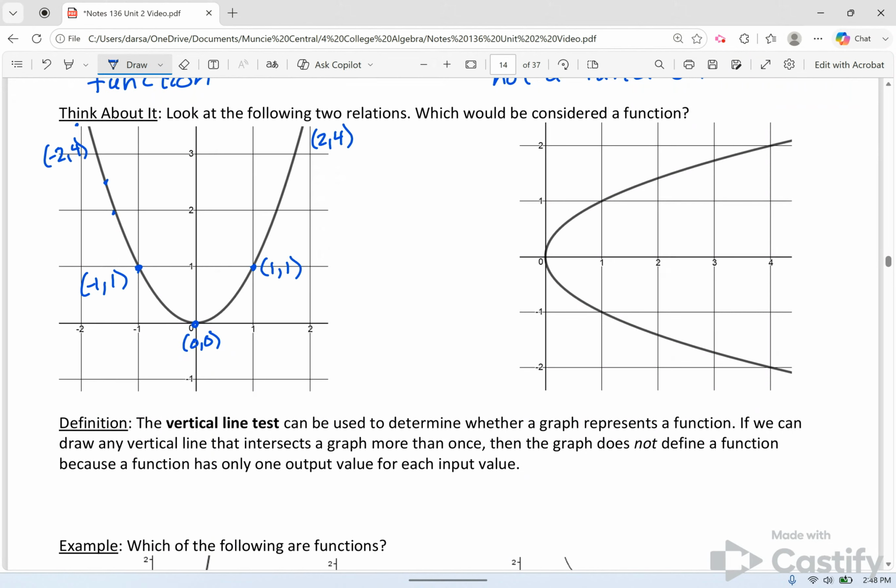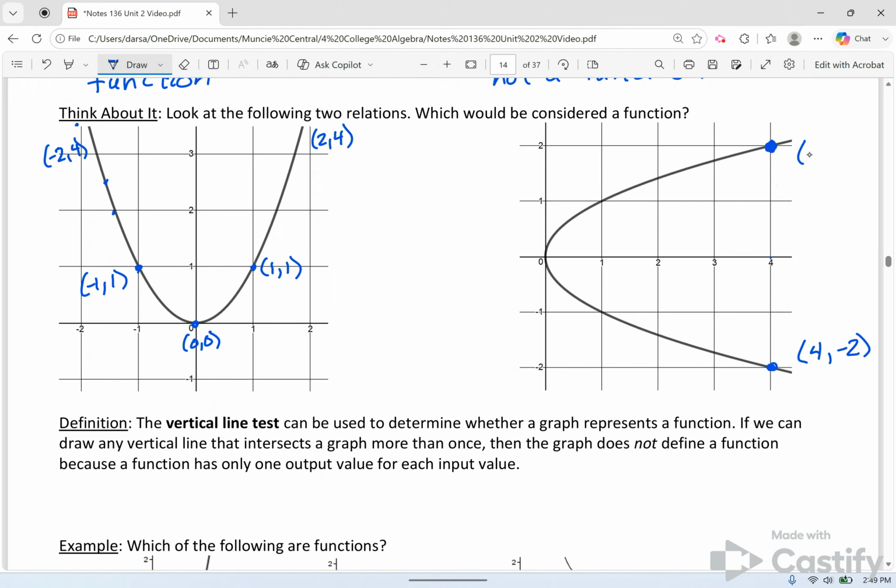But if we come over and look at this graph, let's particularly look at when x is 4. This point is on the graph, and it is x is 4, y is 2. This point is also on the graph, and it is when x is 4, y is negative 2. And what do you immediately notice?